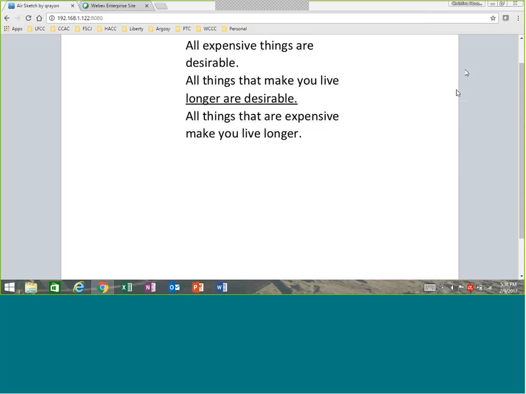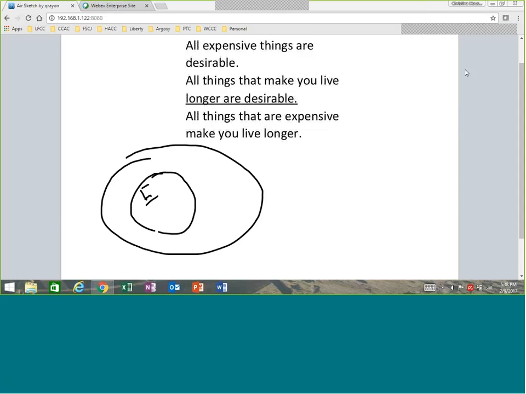All expensive things are desirable. So I'm going to draw all expensive things. So I'll use E for expensive. All expensive things are desirable. So I'll put D for desirable. All expensive things are desirable. It needs to look like that.